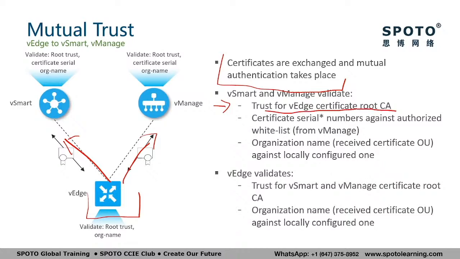Trust for the vEdge certificate root CA. Certificate serial number, validate this against the authorized whitelist from vManage. Organization name, right? Against the locally configured one. The second part, vEdge validates trust for the vSmart and vManage certificate root CA. Organization unit, organization name against the locally configured one. It's the same idea.